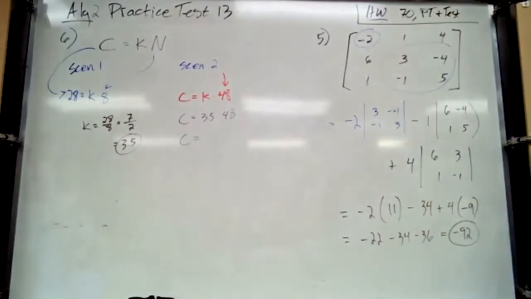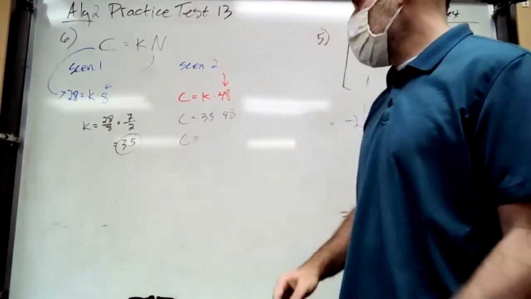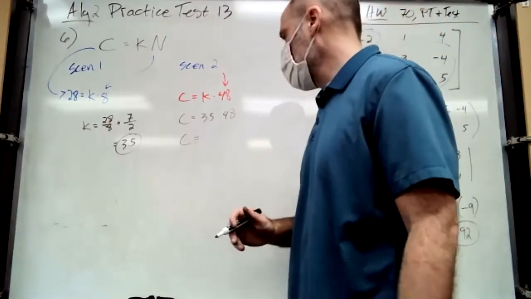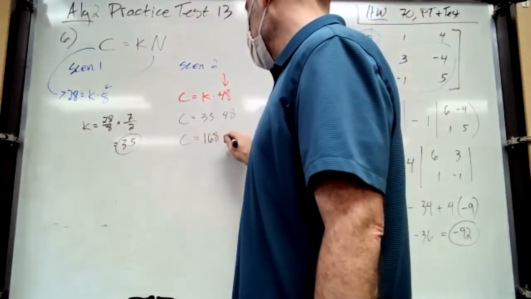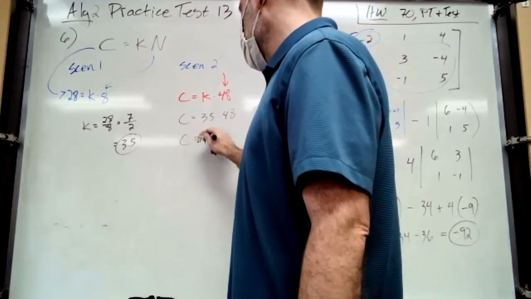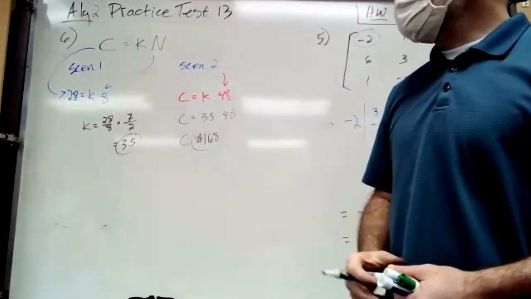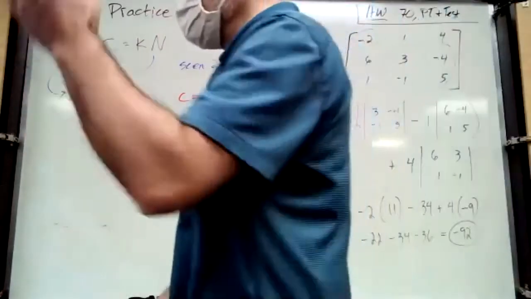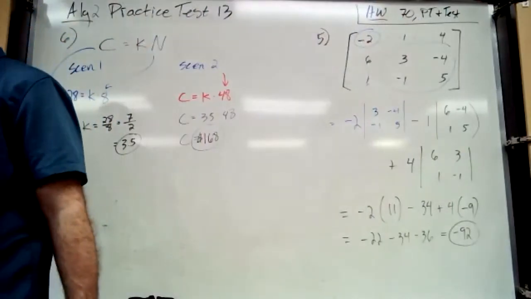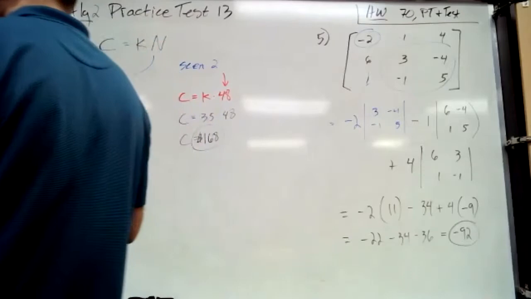You guys have that calculator? Just keep that calculator handy so we don't have to go back and forth. 168. So $168 even. Okay. So there it is. So figure out what your scale factor is, or basically you could just figure out how much, I mean, you can figure this out in pre-algebra, right? But let's go on to number 7.